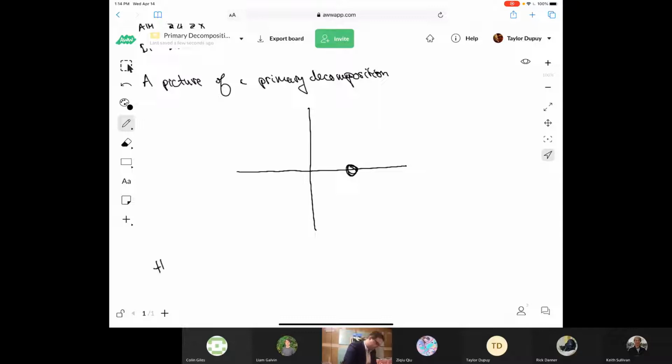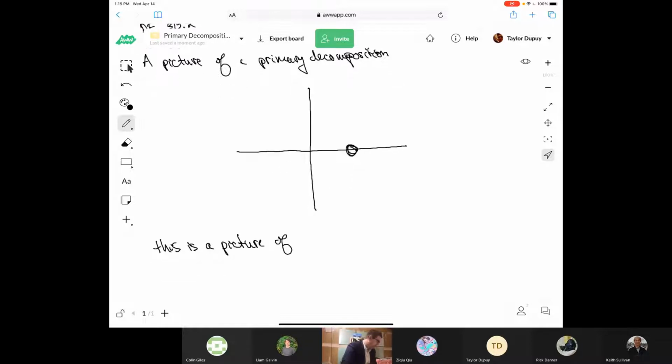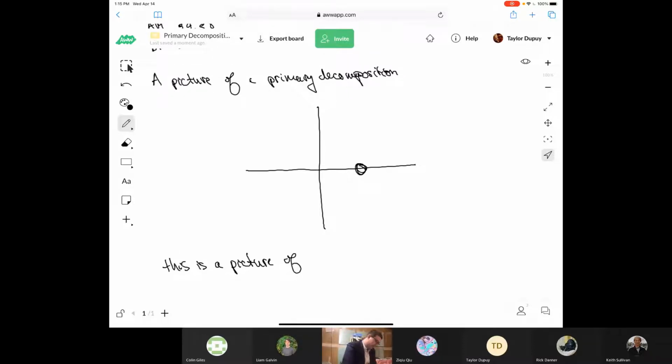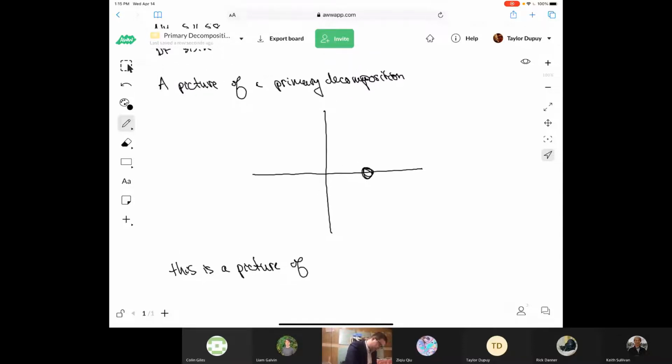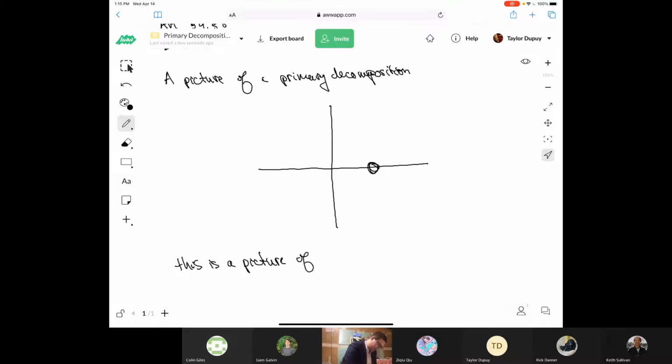So this is a picture of the primary decomposition, of this ideal here. Before I tell you what the ideals are, let me show you what these are. There are two types of primes that appear in this picture.